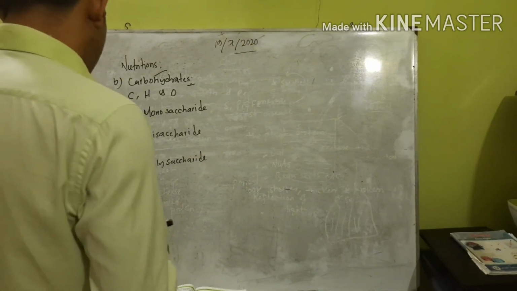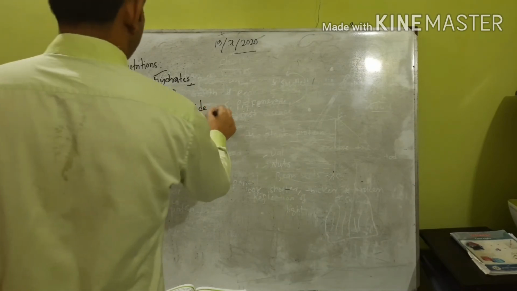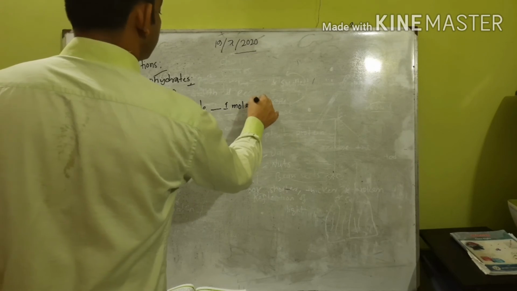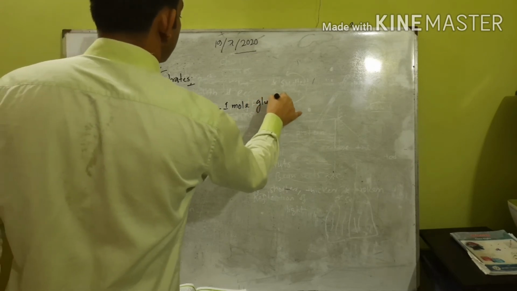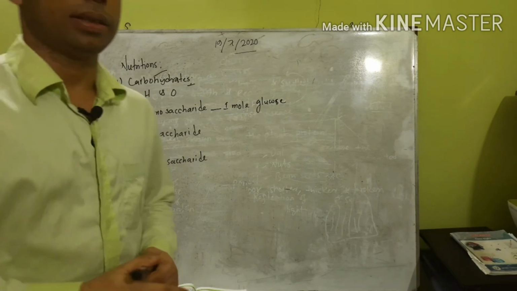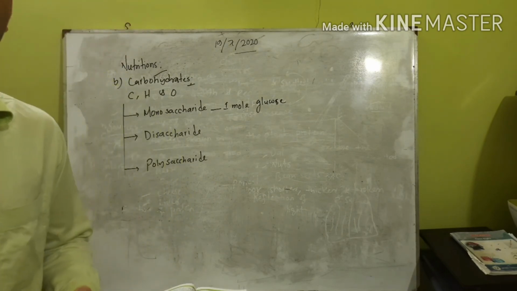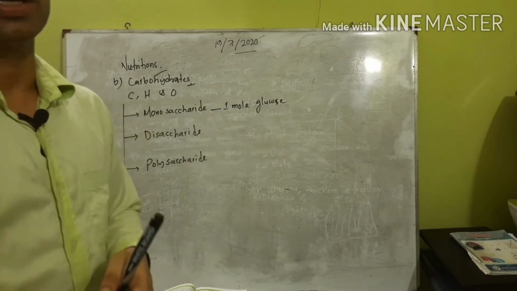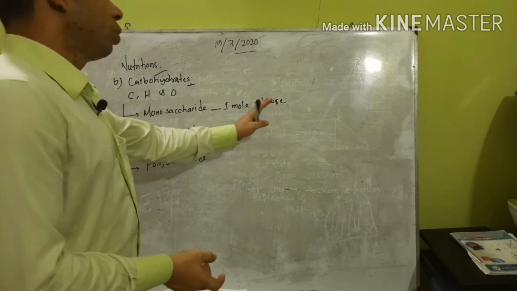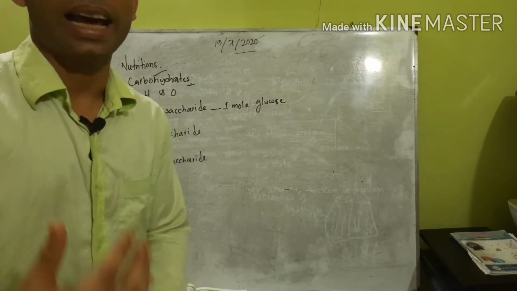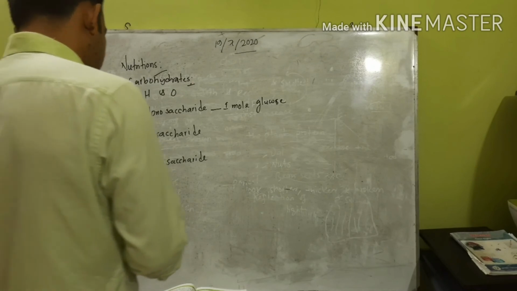Okay, so this is one molecule of glucose. In the definition, the saccharide type of carbohydrate cannot be broken down further, which means glucose we cannot break. Glucose is the lowest and smallest unit of carbohydrate. So one molecule of glucose can be found in monosaccharide. One molecule of fructose, galactose is the example you can write.